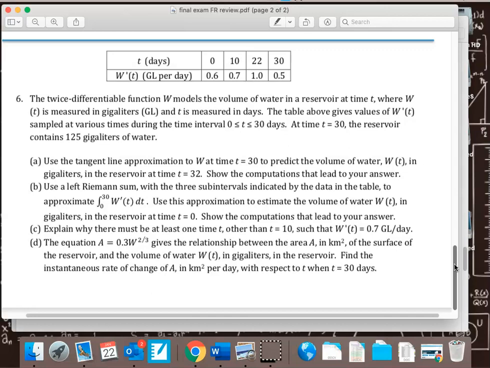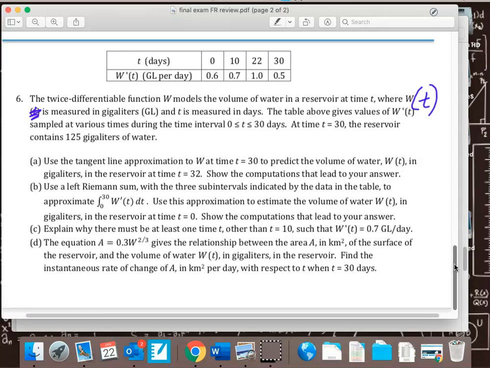Okay. Models the volume of water in a reservoir at time t, where it's supposed to say W of t. The t got moved to the next line, but this t is connected to the W there. All right. Where W of t is measured in gigaliters.